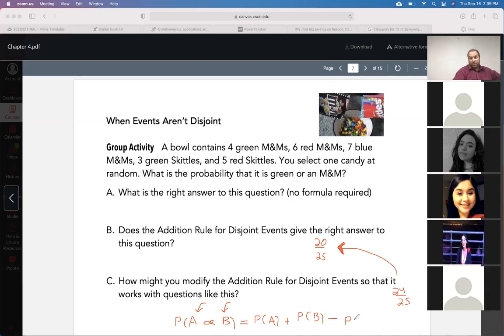Oh, so they subtracted the 4 green M&Ms since it was repeated, correct? Correct. So how do I describe generically for a generic A-B situation? You have A is one set, B is another, P of A plus P of B minus P of something. How do I describe the guys that fall in both A and also fall in B?